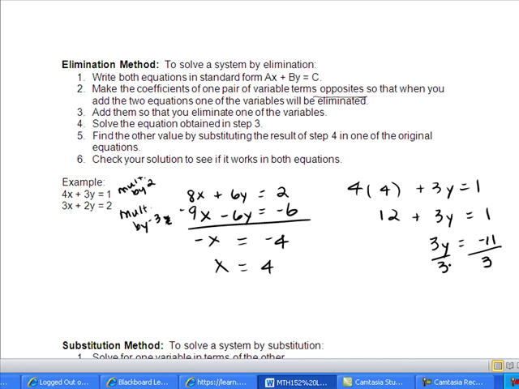Now, sometimes when you do the elimination method, you'll get a true statement. You won't have any variables left. You'll get 0 equals 0 or -10 equals -10. If you get a true statement, then what that means is that the two equations are the same line.